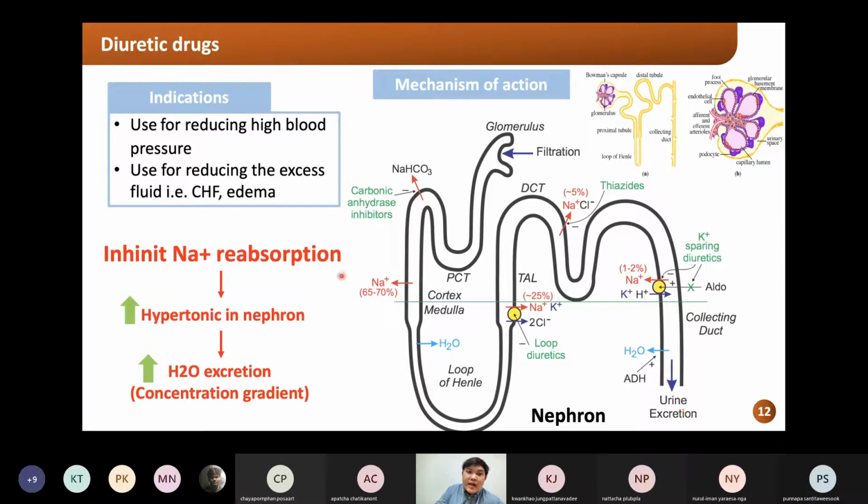And due to a lot of sodium in this tube, it can cause hypertonicity in the nephron, and eventually the fluid or water surrounding the nephron, in this kind of tissue, will diffuse through this tubule and go out to the urinary tract as well, increasing water excretion depending on the concentration gradient.